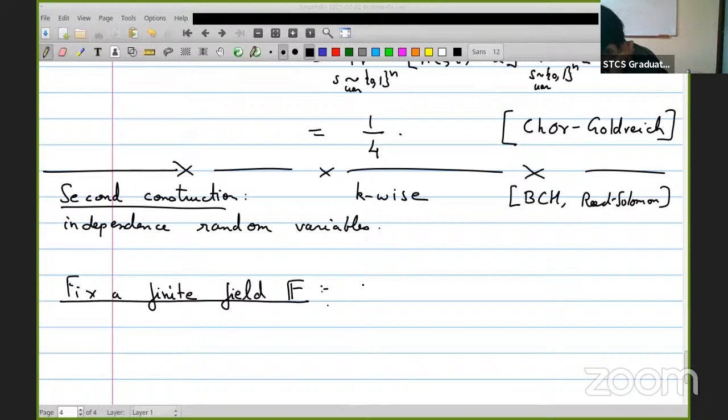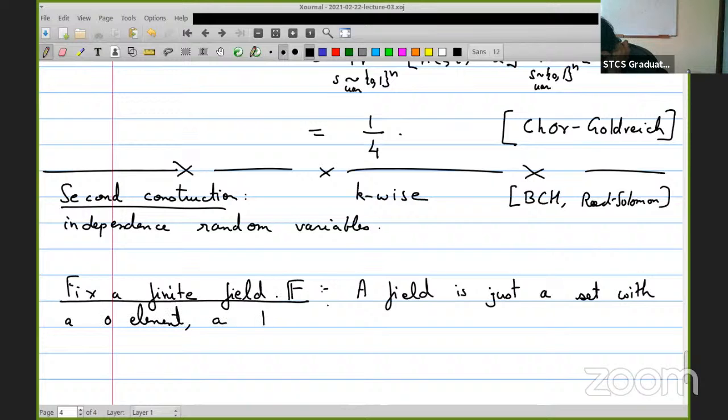A field is just a set with a zero element, a one element, different from the zero element.